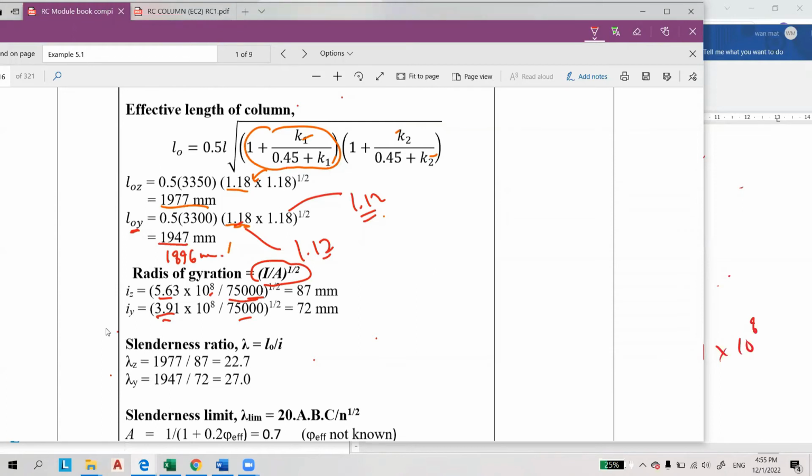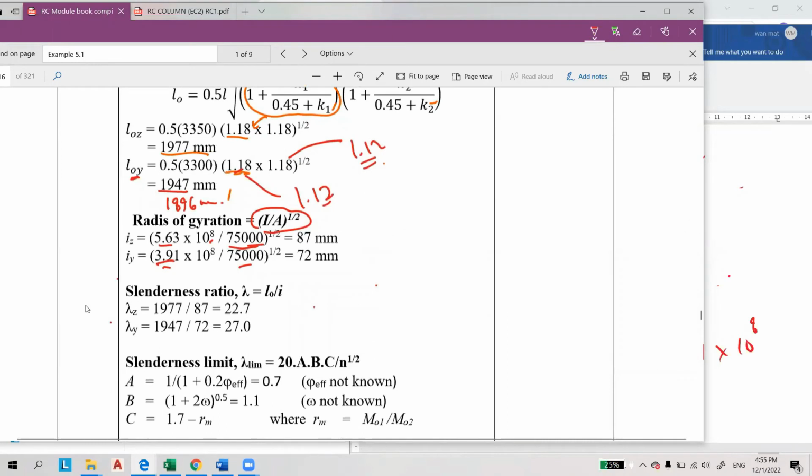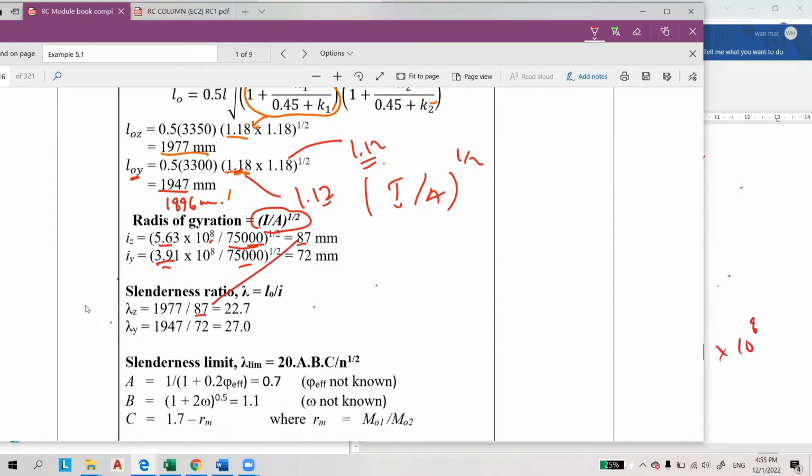Okay, so you just determine the value here, the radius of gyration, I over A. Iz is equal to 87, so this one is 87. You bring it here, and then iy is 72.